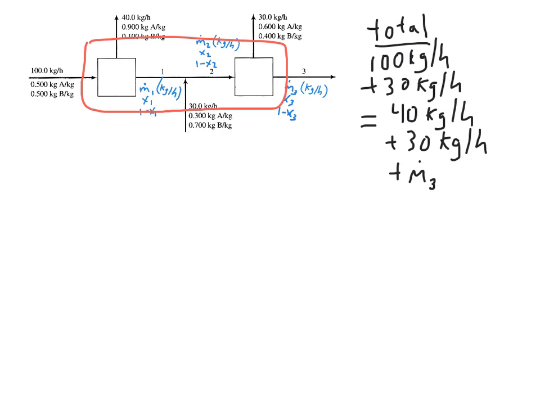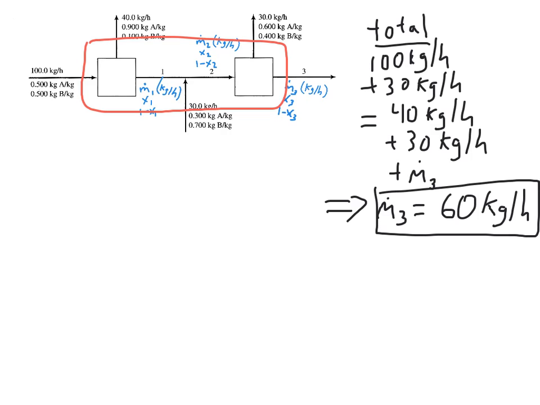Well, this is just an algebraic equation. I can just go ahead and rearrange it to solve for M3 is equal to 60 kilograms per hour. And of course I want to put a nice little box around that answer right there.